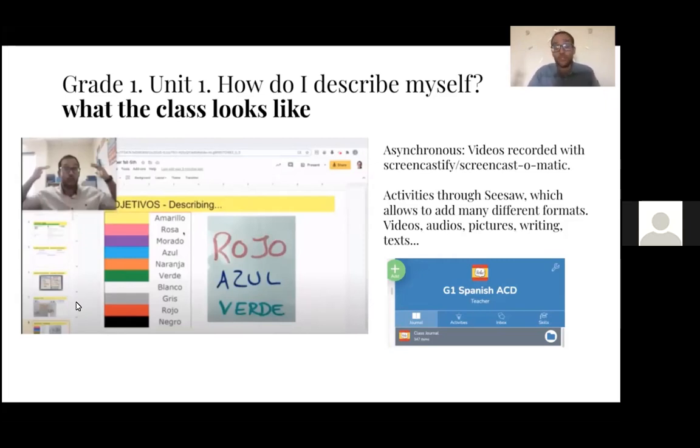So we decided to go just with CISO, a great app where you can create your classroom, put your lessons there, and students can submit their work there. It's really easy to keep track of students' work and what they have been doing. For the students, it's so much easier to just go to one place to look for the videos, look for the lessons, and do the work.